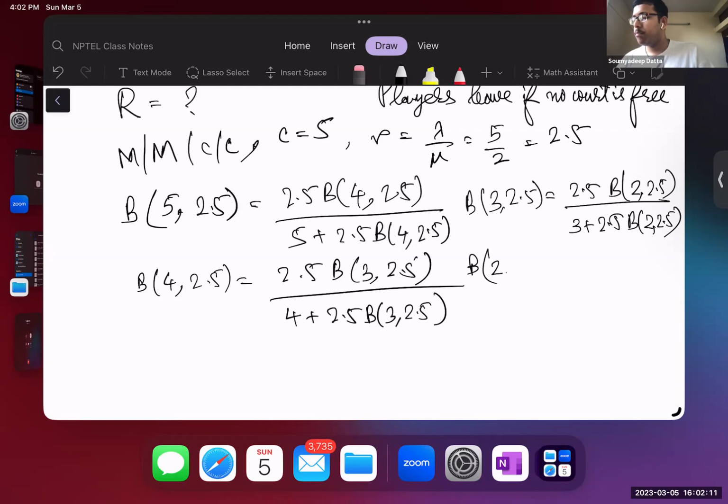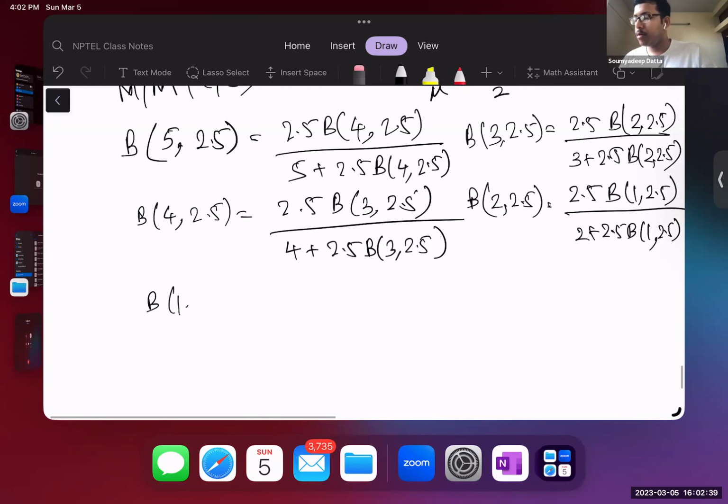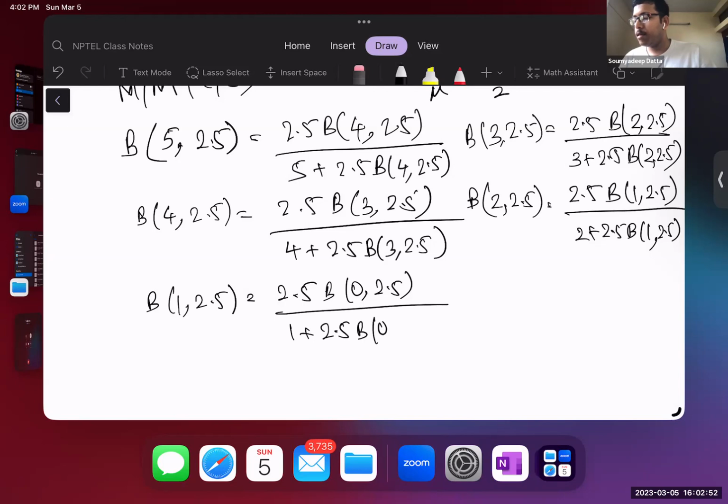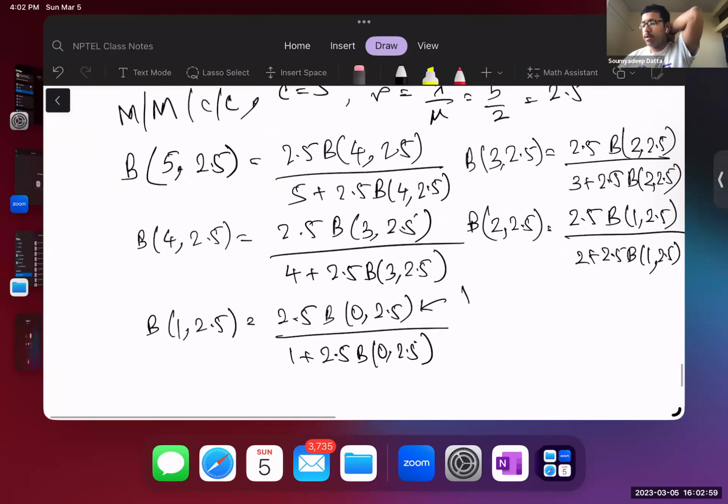and then B(1, 2.5) equals 2.5 times B(0, 2.5) divided by 1 plus 2.5 times B(0, 2.5), and this quantity B(0, 2.5) is equal to 1.